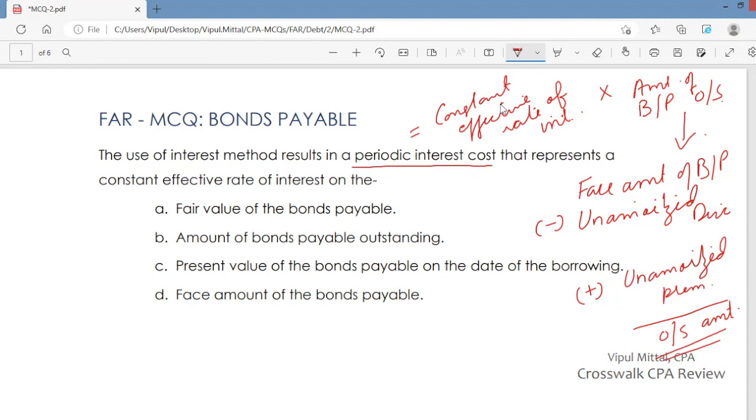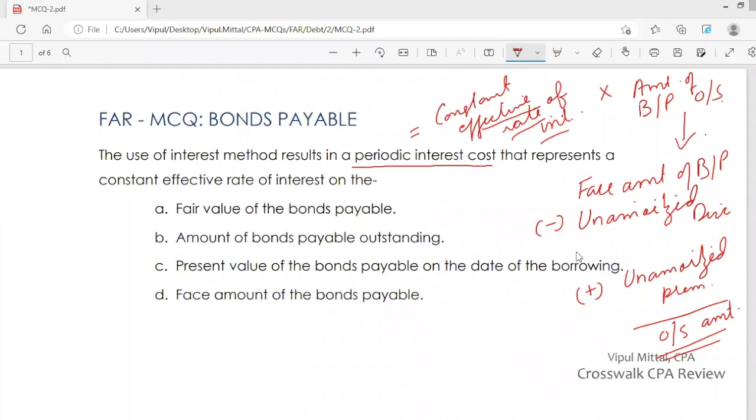It will remain constant. And the product of these two, constant effective rate of interest and amount of bonds payable outstanding, is what you recognize as interest cost, as interest expense every year.